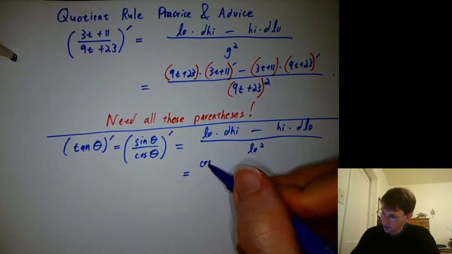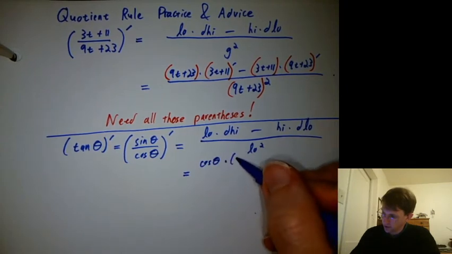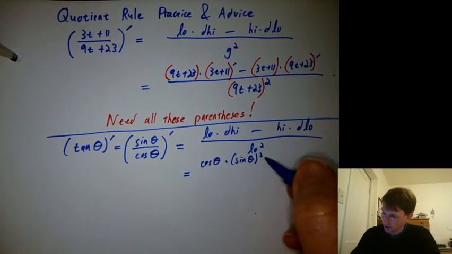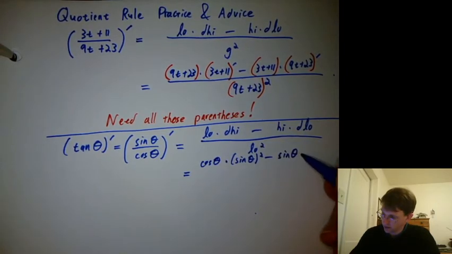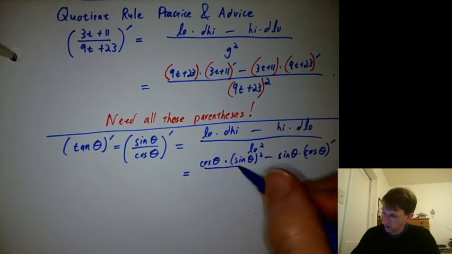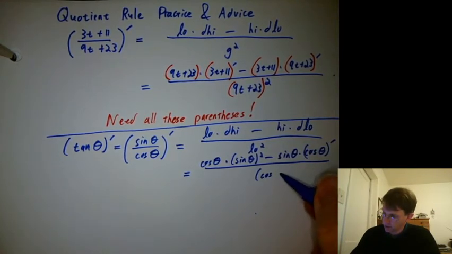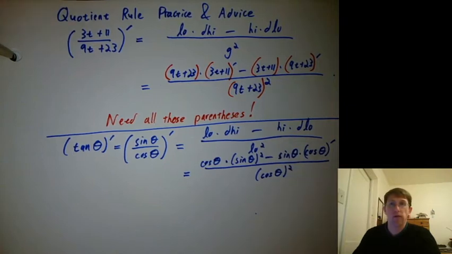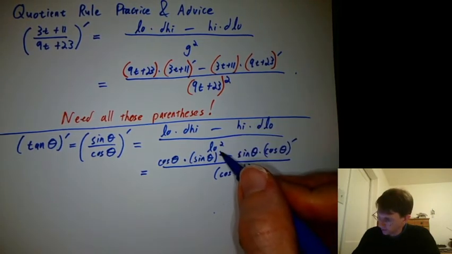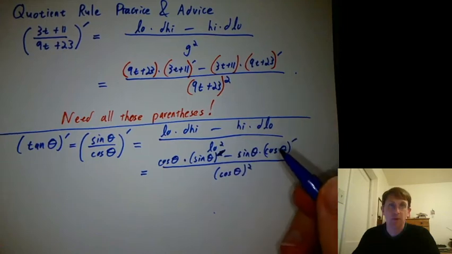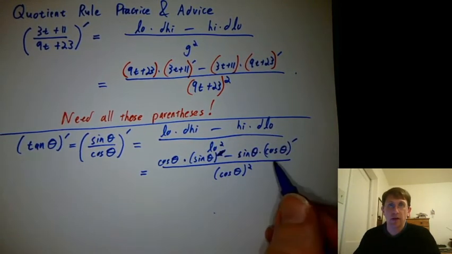So that would be cosine theta times sine theta prime, minus high, which is sine theta, times d low, which is cosine theta prime, over cosine theta squared. Okay, so far? I think it's good. Oh, except I took a squared here and it should have been a prime. There we go.